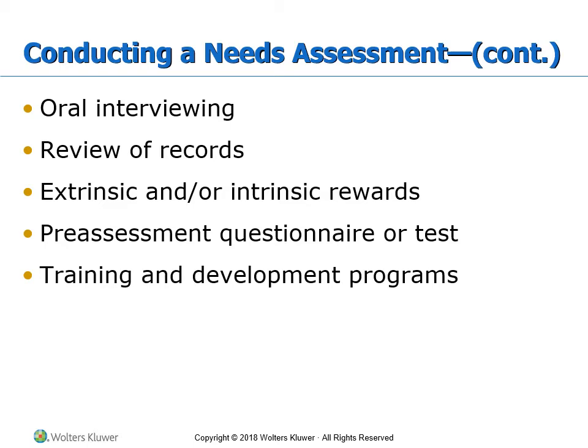Now we can conduct this needs assessment in several ways. We can of course just do oral interviewing, which is just ask people what they want. What do they want to learn? What do they need to learn? We can review records of performance, so if we see a deficit in a specific area, someone's always getting M&T wrong, someone's always getting management wrong, then we know we need to focus on and teach that. Again, taking into account if they're going to be motivated by extrinsic or intrinsic rewards. Adult learners are typically intrinsic.